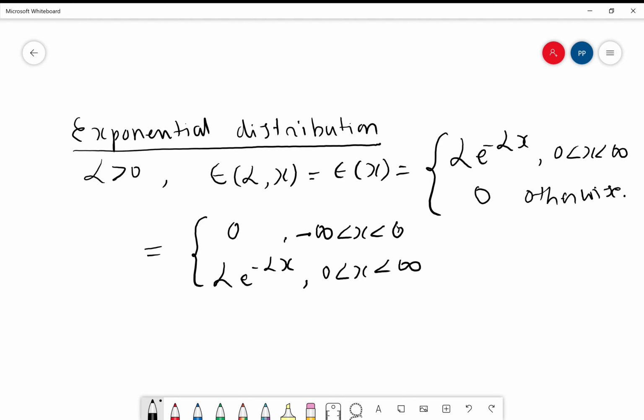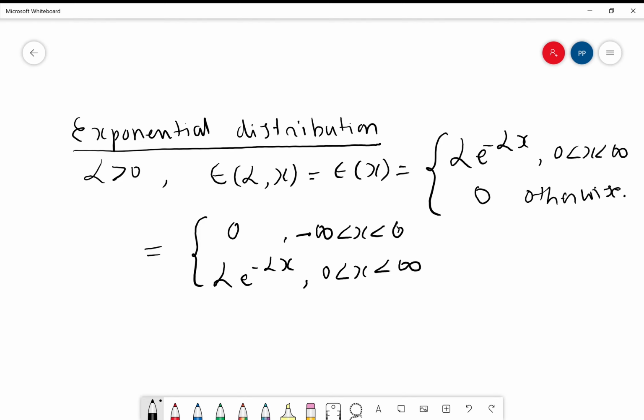Now, let us check whether this function satisfies the two conditions which have to be satisfied by the PDF. Since the exponential function is always positive, and we have taken that the alpha parameter is positive, clearly the function takes only non-negative values, and we can show that the integral of alpha e power minus alpha x between 0 and infinity is 1.